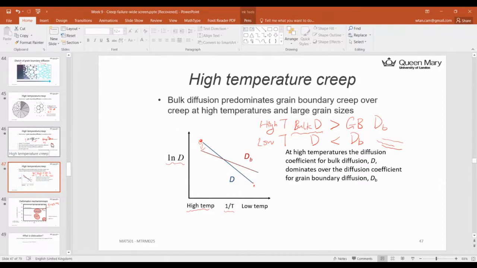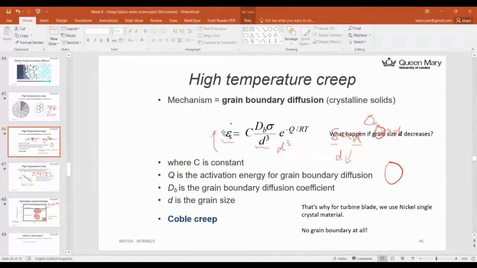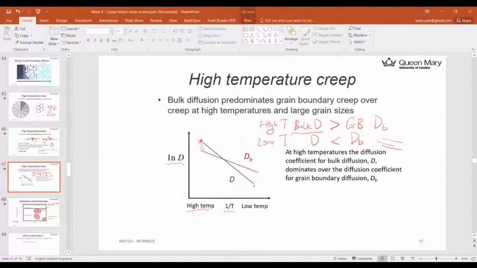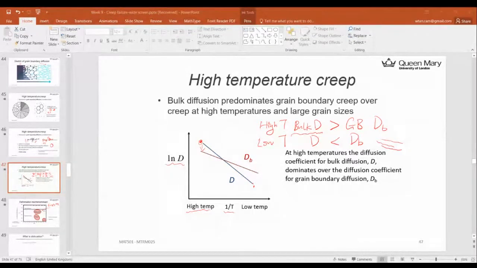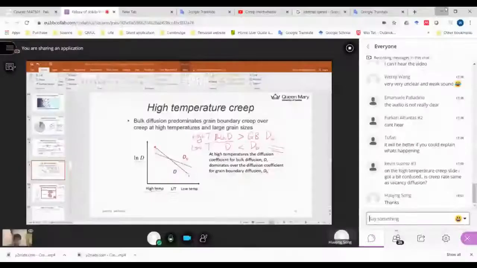So the creep strain rate, let's think about that. Let's assume the creep strain rate is the same. We are just talking about the diffusion. Diffusion is basically a diffusion parameter, the diffusion coefficient, okay?